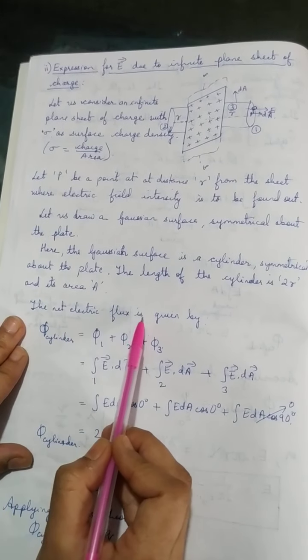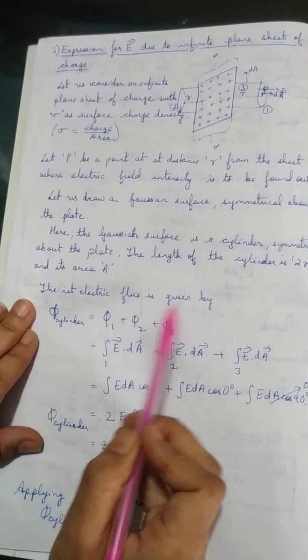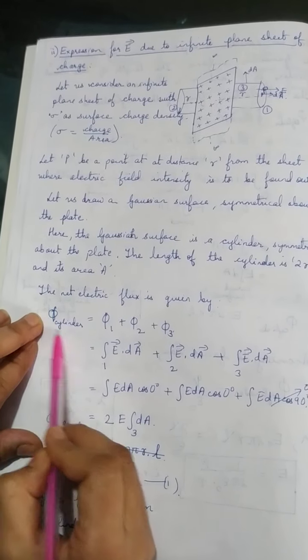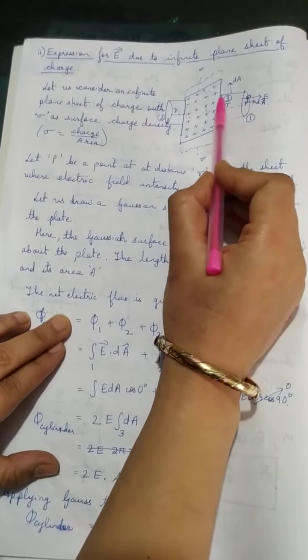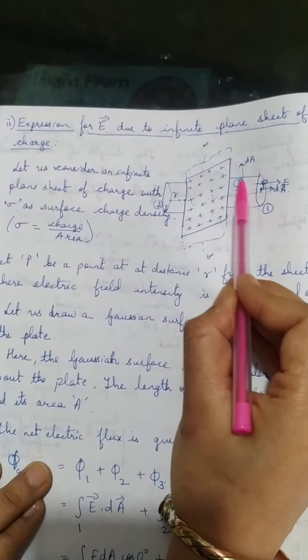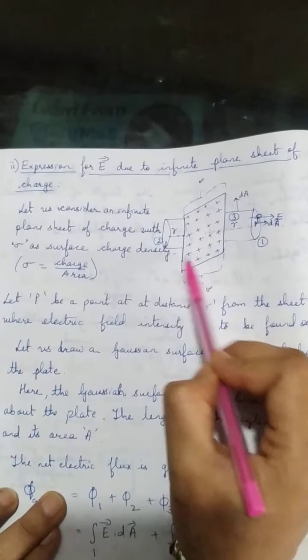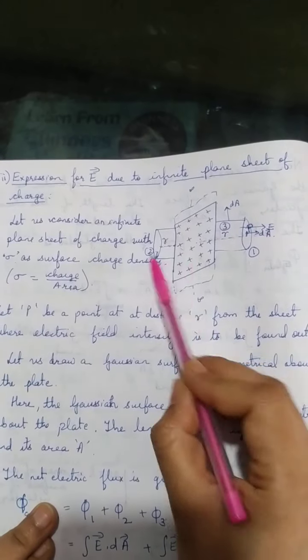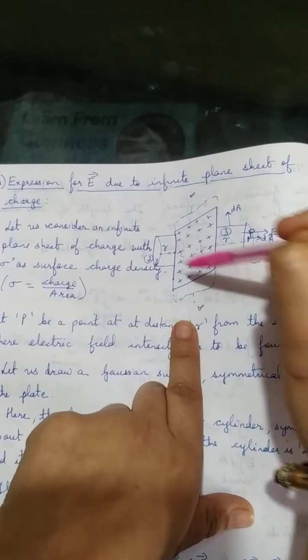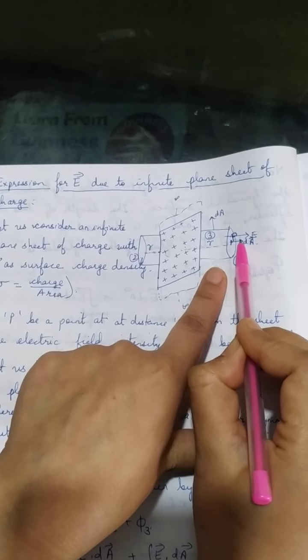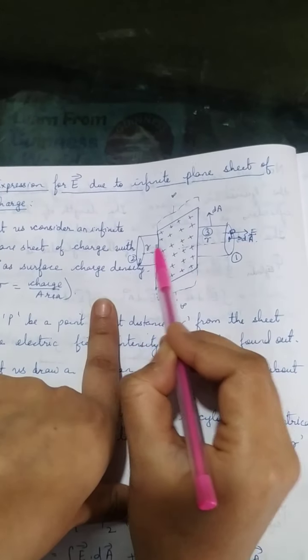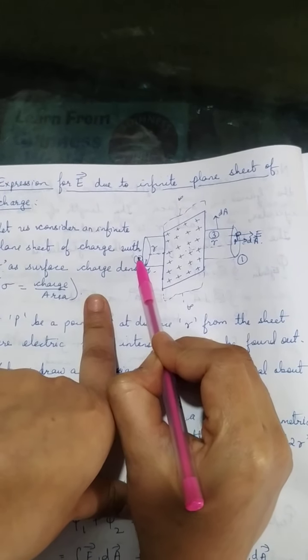The net electric flux, given by the flux over the entire cylinder, will be equal to, because we need to consider a closed surface, we are taking this cylinder, and this cylinder has three parts. One is the curved surface of the cylinder, the second one is this side of the cylinder, and the third one will be this side of the cylinder.